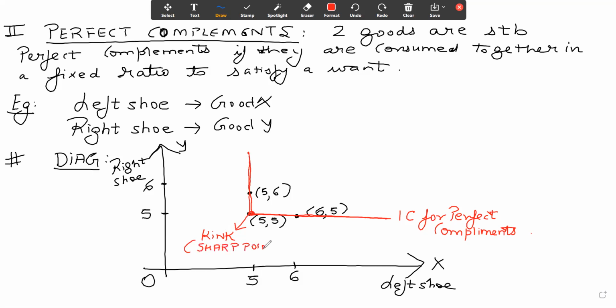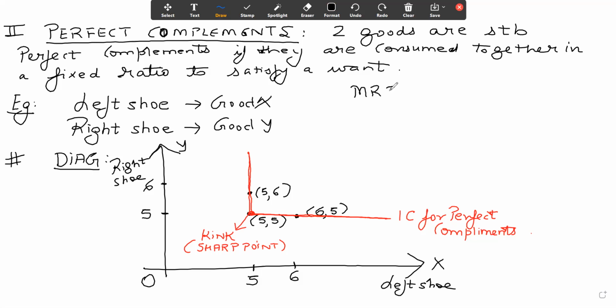In mathematics, all of us know that a kink is a point which is not differentiable. You cannot differentiate the function at the kink. It's a sharp point. If you look at MRS, or the slope of the indifference curve, what will be the slope on the horizontal portion?